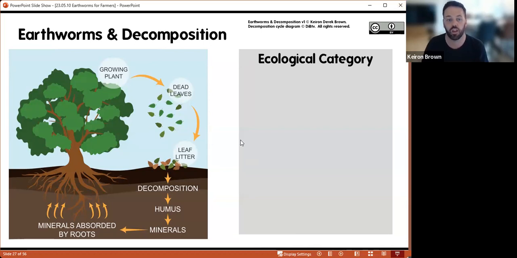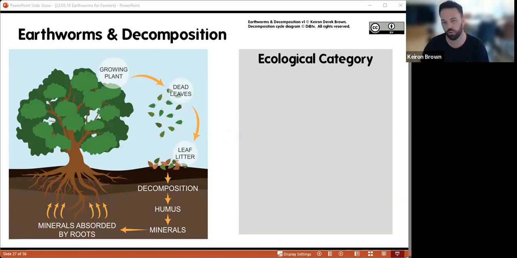So earthworms, we all know that earthworms are involved in decomposition. I think people state that quite a lot, but are all earthworms involved in decomposition in the same way? And the answer is no. Our different ecological categories do help decompose different parts of the soil.